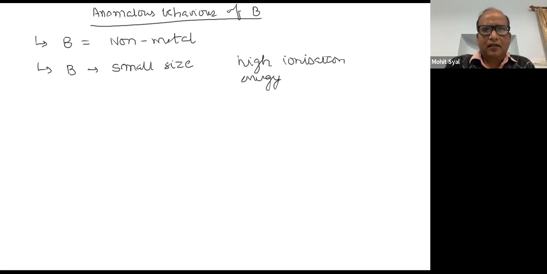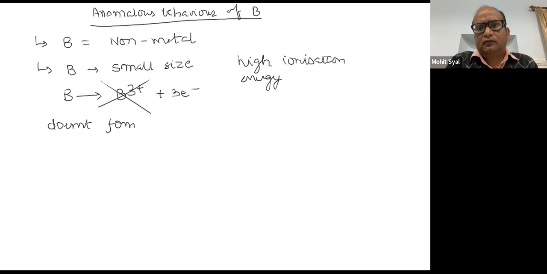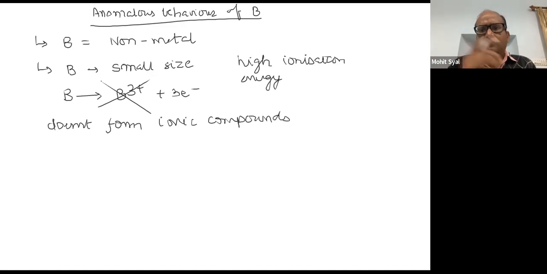High ionization energy means boron cannot ionize itself. It doesn't form ionic compounds. It can form only covalent compounds.